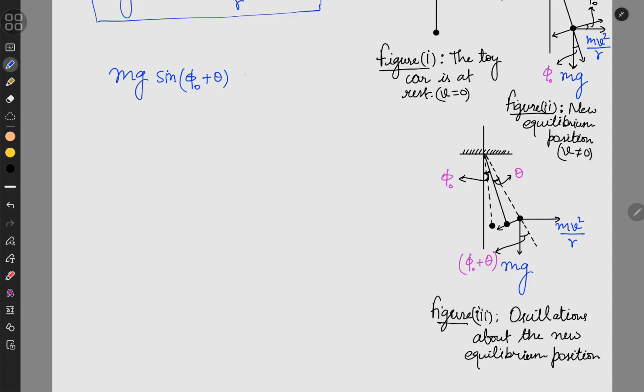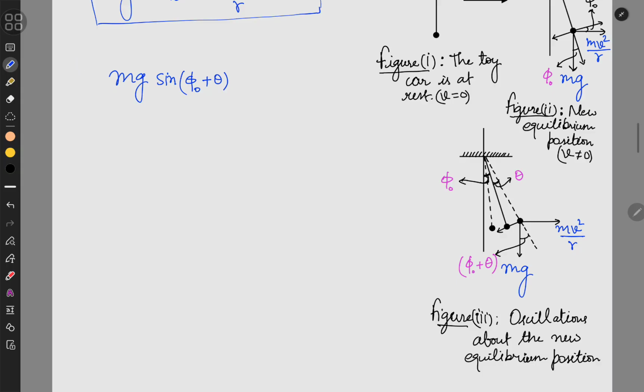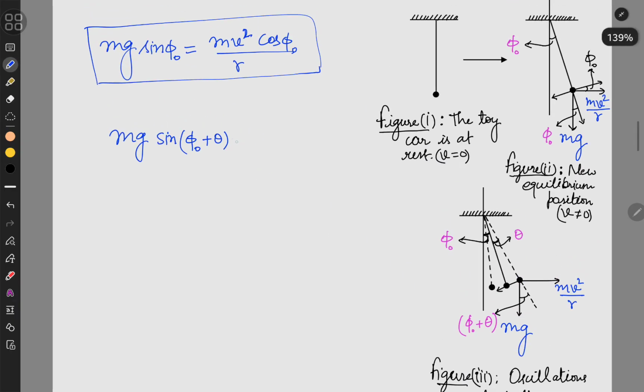Since the centrifugal force is acting away from the center, its component will try to reduce this restoring force. The component of this force will be diminished because of the effect of the centrifugal force component in this direction. So here it will be minus mv squared upon r, and again we will write it like this.